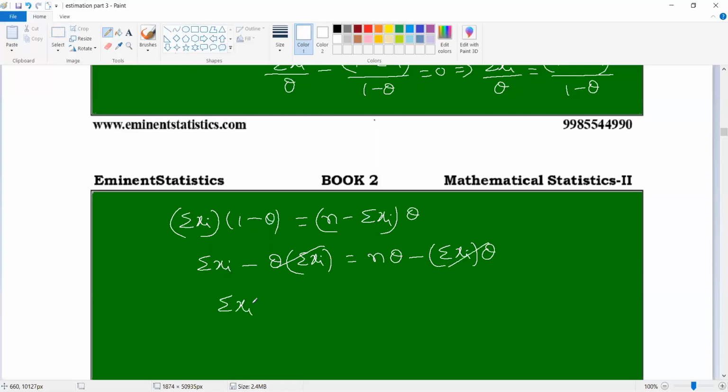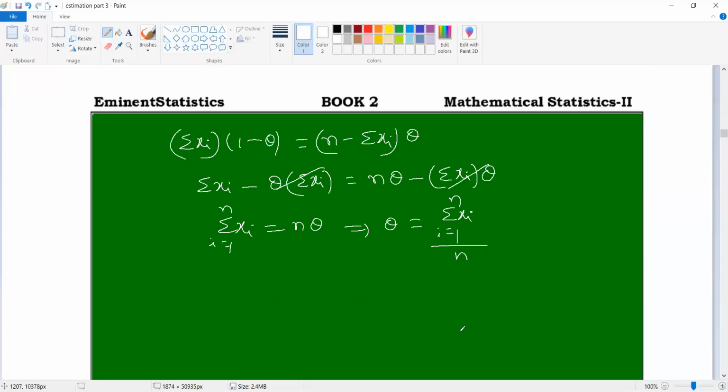Remaining part: summation xi, i is equal to 1 to n, is equal to n theta. Implies theta is equal to summation xi, i is equal to 1 to n, by n. Now, therefore, theta is equal to x bar. Theta is equal to x bar. MLE of theta is equal to x bar.